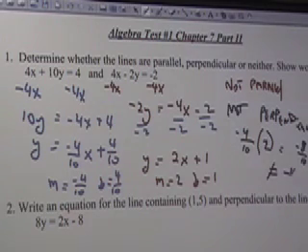Remember, with perpendicular lines, the slopes have to multiply so that they're equal to -1. That's not the case here.